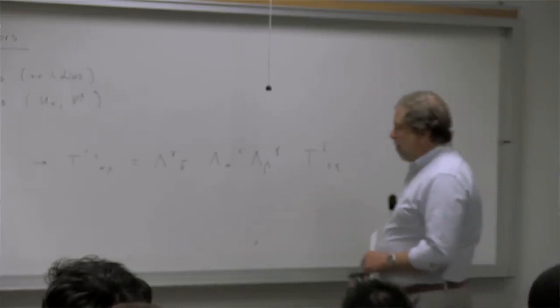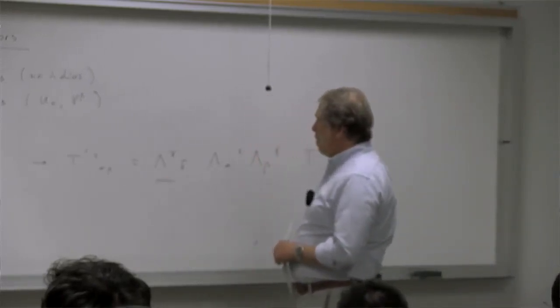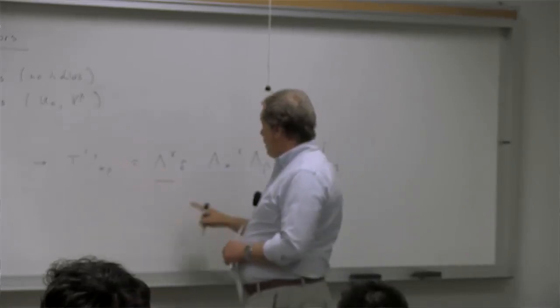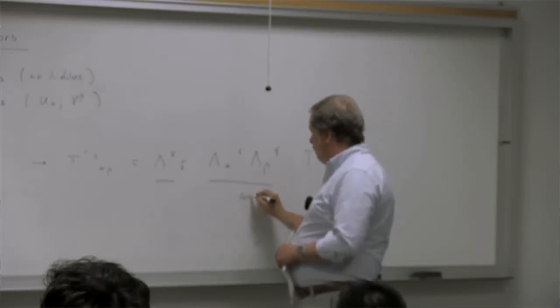So that means that this particular tensor is contravariant in the gamma index, the index upstairs, and it is covariant in the two lower indices.